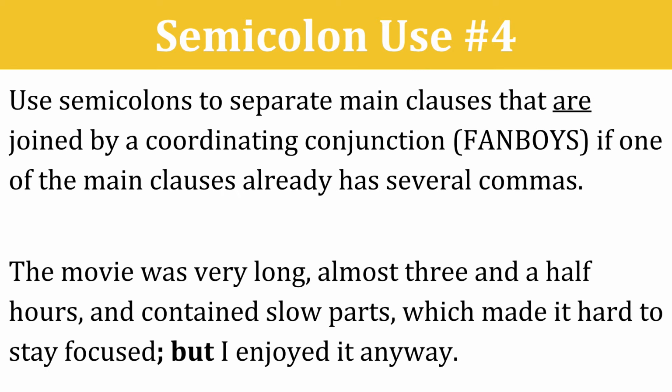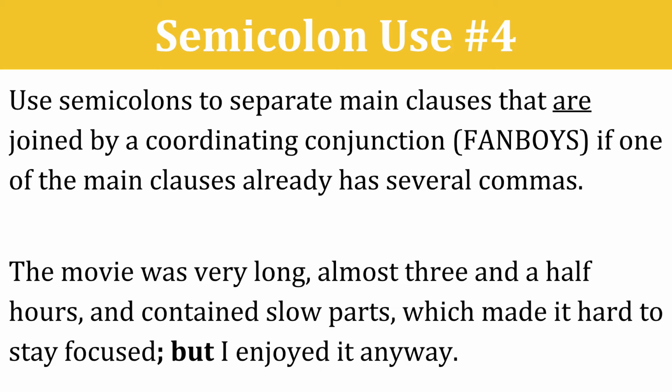The last way, the fourth use of semicolons, is to use semicolons to separate main clauses that are joined by a coordinating conjunction if the main clauses that are being joined also have several commas that might confuse the meaning.